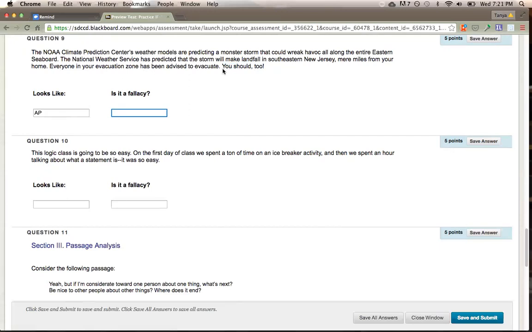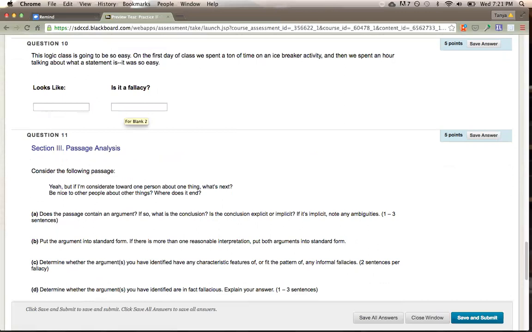Without an advisory, we might worry that people evacuate too easily, and this is sort of like being a lemming kind of situation where everyone starts evacuating and it snowballs and then the roads are packed and people die on the roads or something like that. But that's not what's suggested by this case here, that everyone's been advised to evacuate. Okay, beating a dead horse here a little bit. So this one is not an ad populum fallacy.